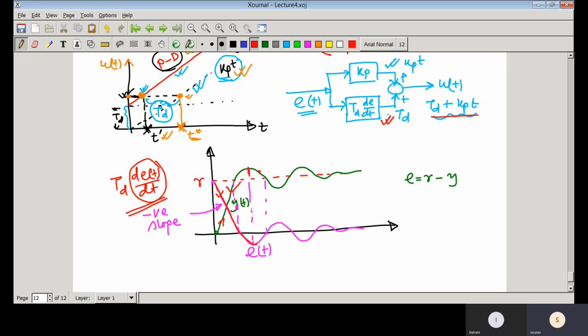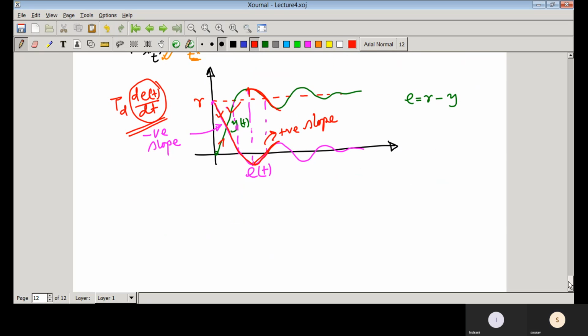Then again, whenever the output crosses the reference command and is gradually decreasing, you can see the output is decreasing, so the error is with positive slope. In this case, this is a positive slope. So that means the derivative control action would be positive in this case. So it can anticipate, and accordingly it generates the output.